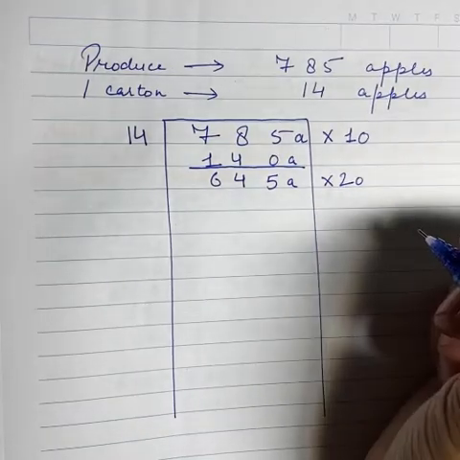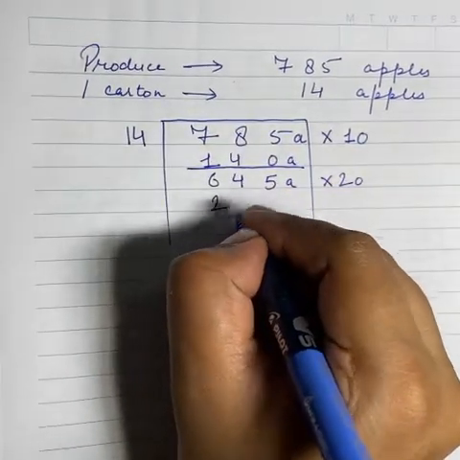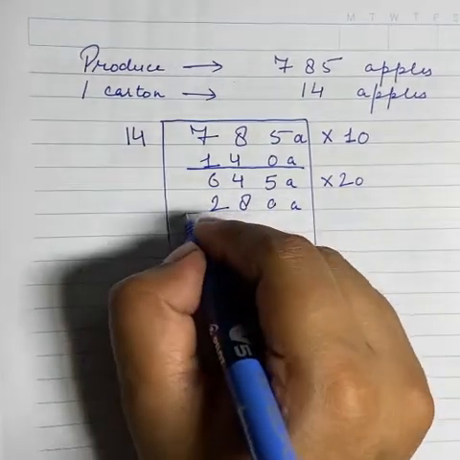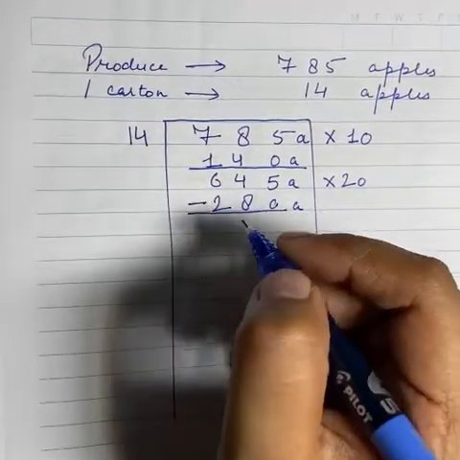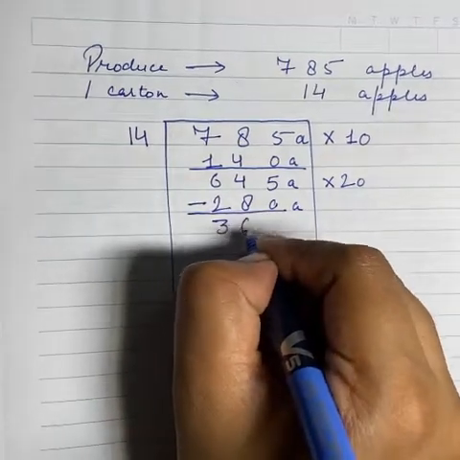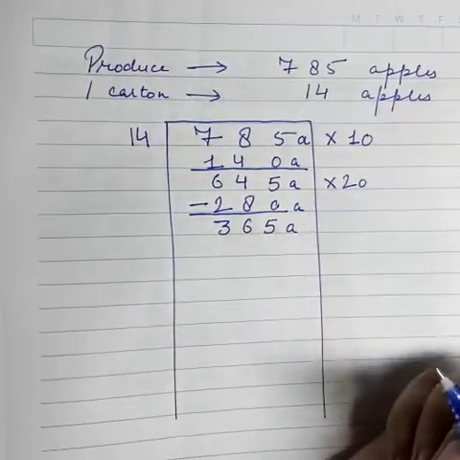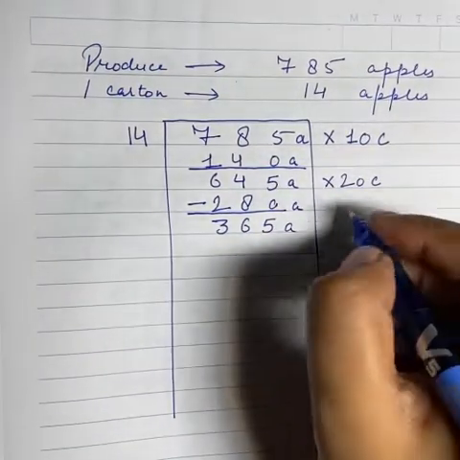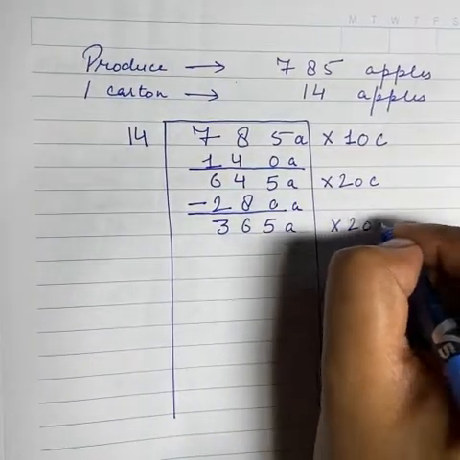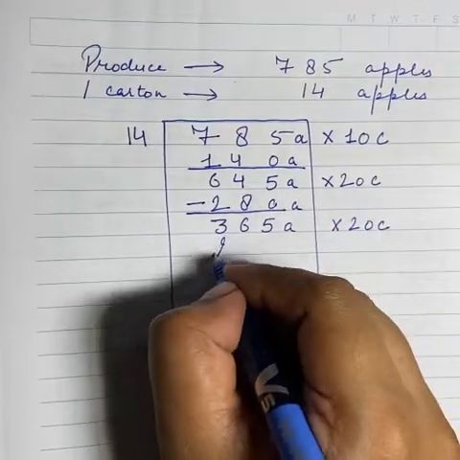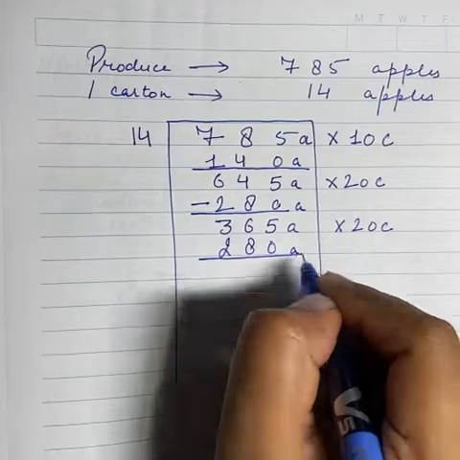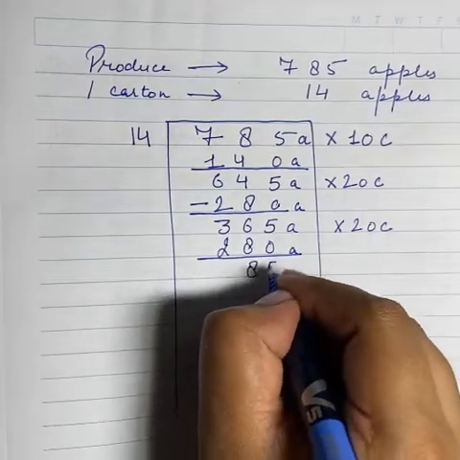If I use 20 cartons, I'll be able to pack 280 apples. Now I'll be left with 365 apples. Again, let me try 20 cartons. This time again packing 280 apples, and now I'm left with 85 apples.